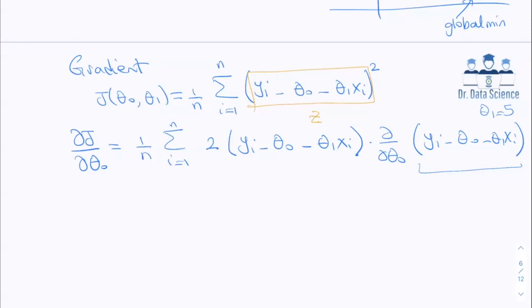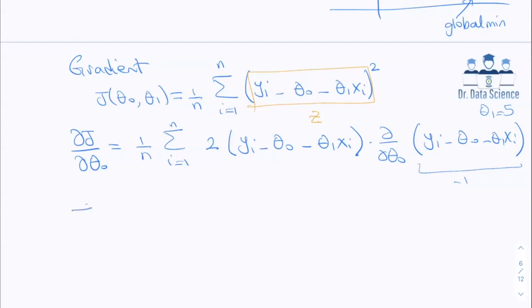Then when we have negative theta 0 and we want to find the partial derivative with respect to theta 0, that would be negative 1. And then because we assume that theta 1 is fixed, so let's say 5 times xi, doesn't have anything that has theta 0 in it, so the derivative is 0.